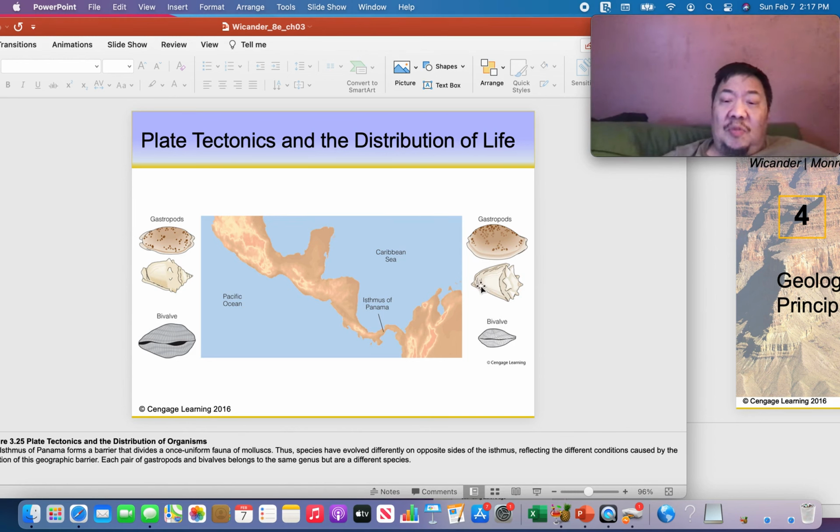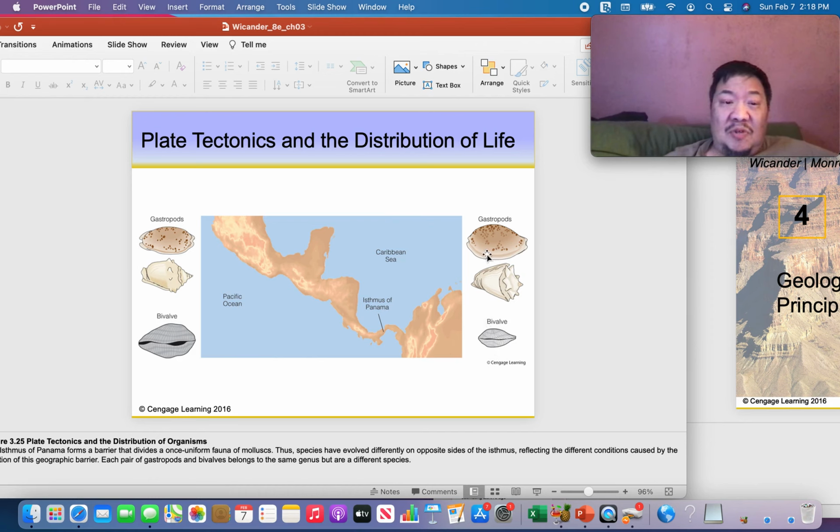If you look at the gastropods and bivalves on the Caribbean side, this is what their shells look like. If you look at the gastropods and bivalves on the Pacific side, this is what they look like. You can clearly see that these gastropods and bivalves look similar but different.